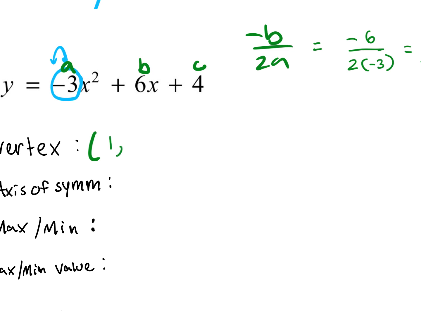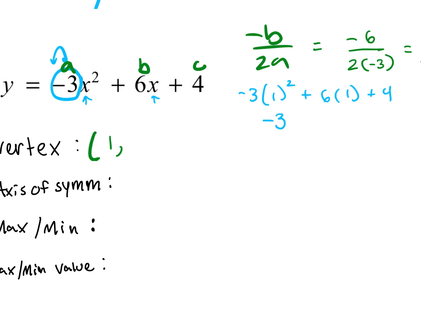How do we find the y? Plug it back in. So we plug it into the x's to find our y. So you have negative 3 times 1 squared plus 6 times 1 plus 4. Make sure you follow your order of operations. Got to do the exponent first. So 1 squared is 1, and 1 times negative 3?